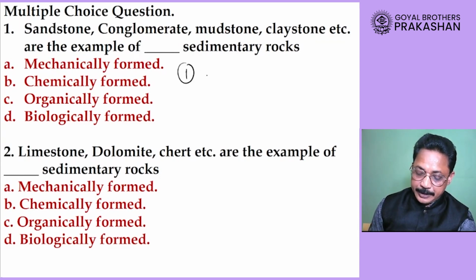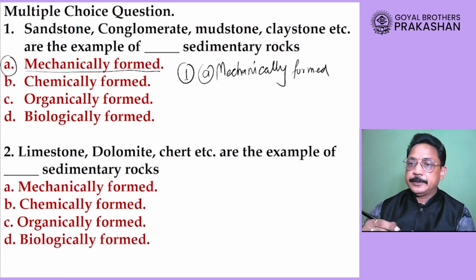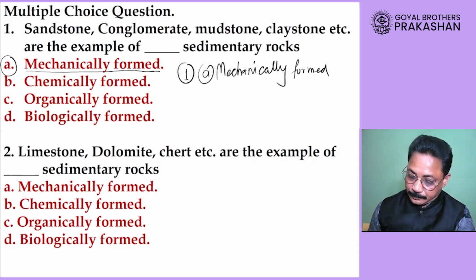Your answer is A. So you will be writing here 1, A. After A, here the phrase is mechanically formed. So we will write down that also. Mechanically formed. This makes, dear student, the complete sense of answer.